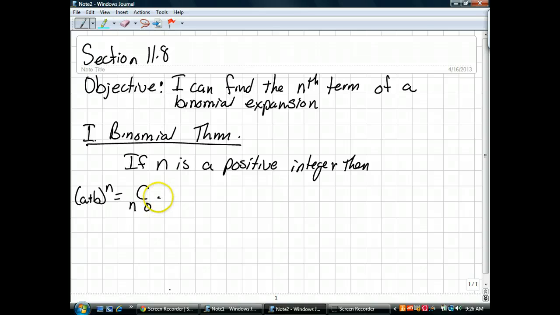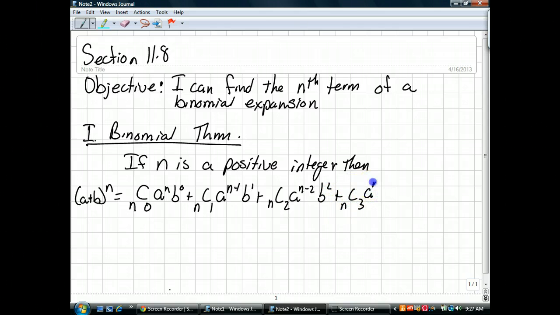So this is going to be n combinations taken 0 at a time, a to the n, b to the 0, plus n of 1, a to the n minus 1, b to the 1, plus n combinations taken 2 at a time, a to the n minus 2, b to the 2, plus n combinations 3, a to the n minus 3, b to the 3, plus all the way down until we get n combinations of n, a to the 0, b to the n.